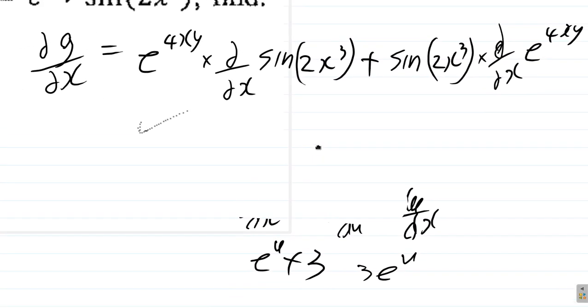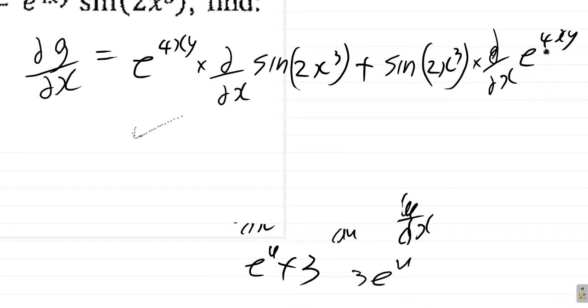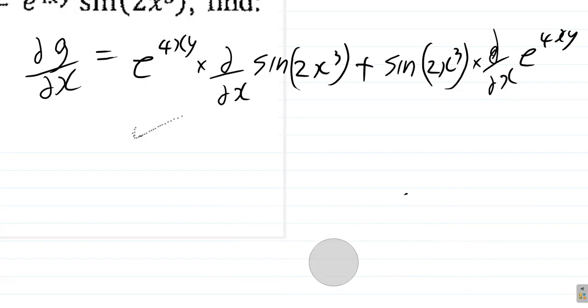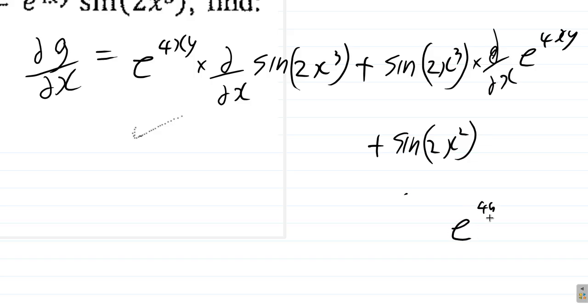Now, we saw a while ago how you're going to deal with this part. So you're going to have something out here plus sine 2x cubed times, from what we saw a while ago, the derivative with respect to x. This is a number times x. You could write it as e to the 4y times x, where 4y is a number just like the 3 that we had before.